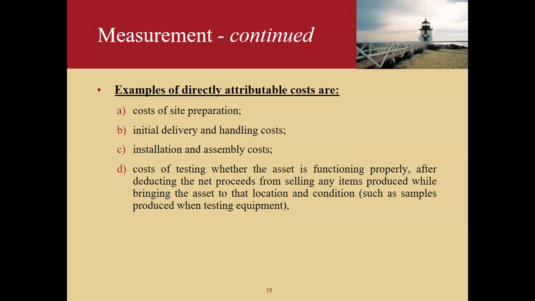Then whatever cost we have incurred in making sure that this property, plant and equipment is functioning properly, after deducting whatever proceeds we've gotten from the samples we've made, we consider that as a directly attributable cost to the cost of the property, plant and equipment.